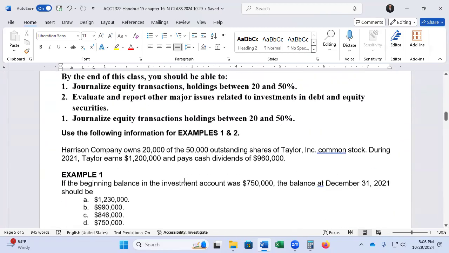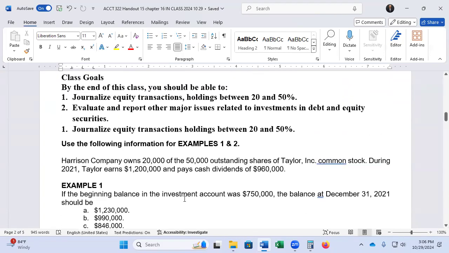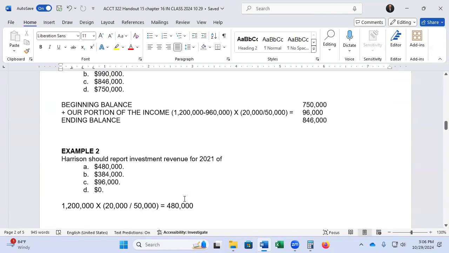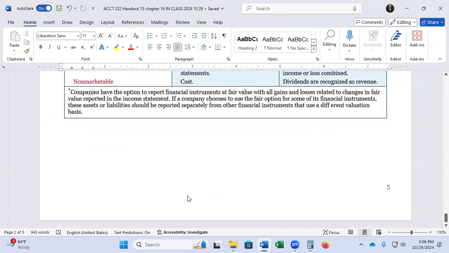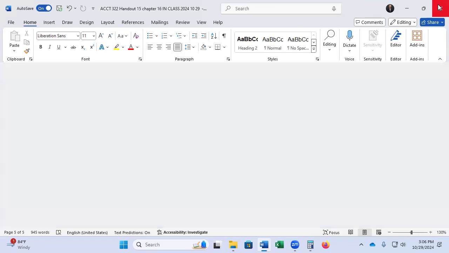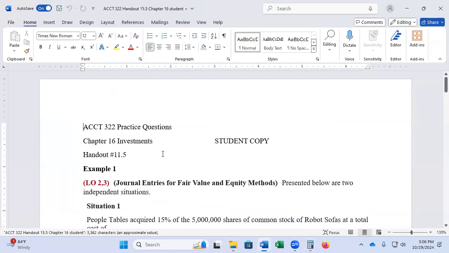And I know I don't feel like we covered enough in this chapter, so I've got another handout there for you with some questions that we're going to go through that are a little more comprehensive. And so if there's no other questions, we'll go to handout 15.5. I think I called it 11.5, but it should be 15.5.